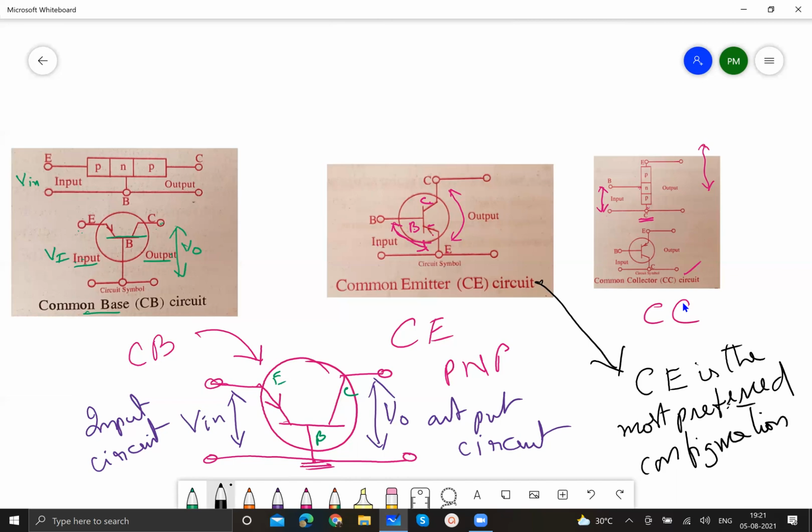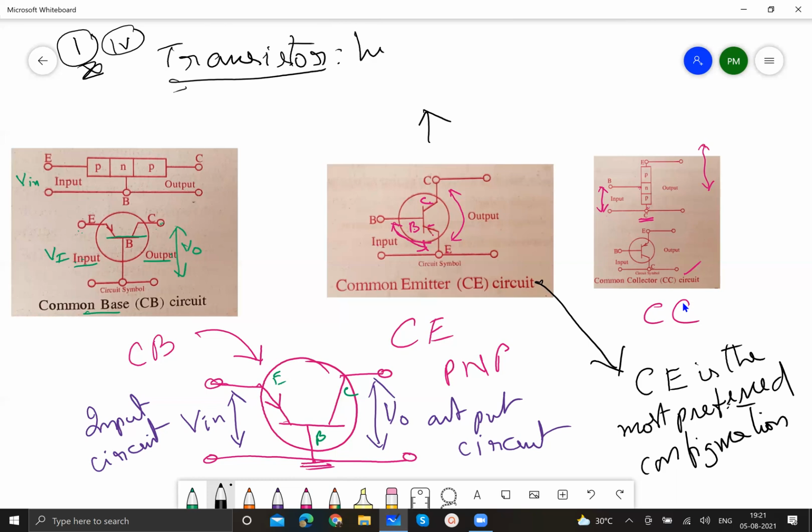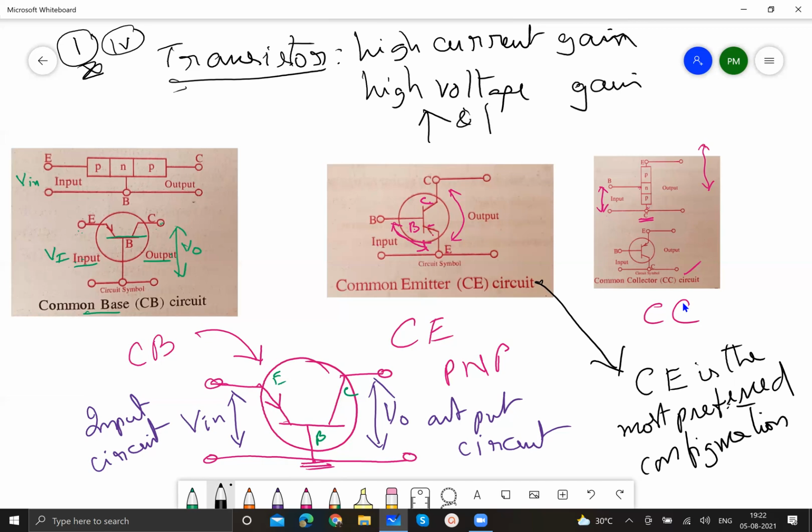The reason is also there. Among these three, the very purpose of the transistor is basically for high, already I told you, high current gain, high voltage gain, and high power gain.